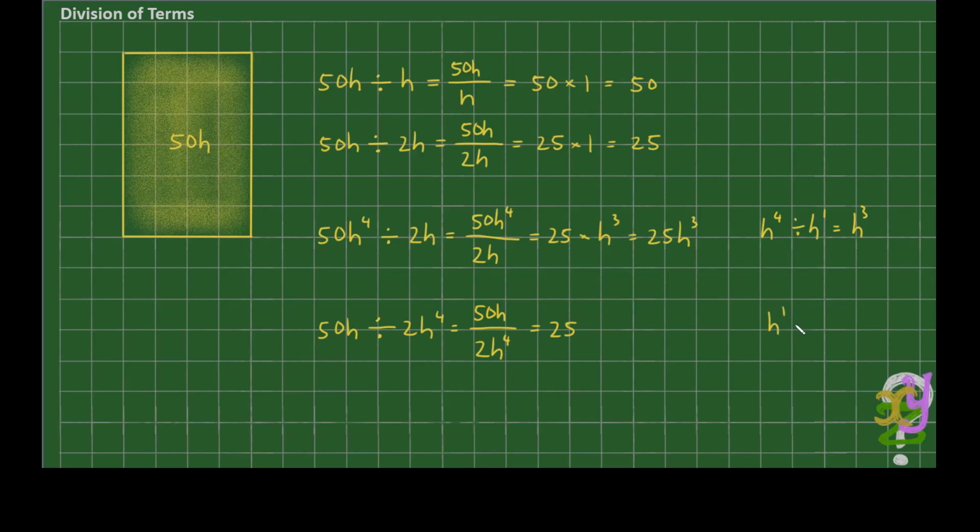Well, let's follow the rules of powers again. If I'm dividing and the bases are the same, I can subtract the exponents. 1 minus 4 is negative 3. So I will have 25 multiplied by h to the power of negative 3, which is 25h to the power of negative 3. To finish this off, let's quickly do a few problems.